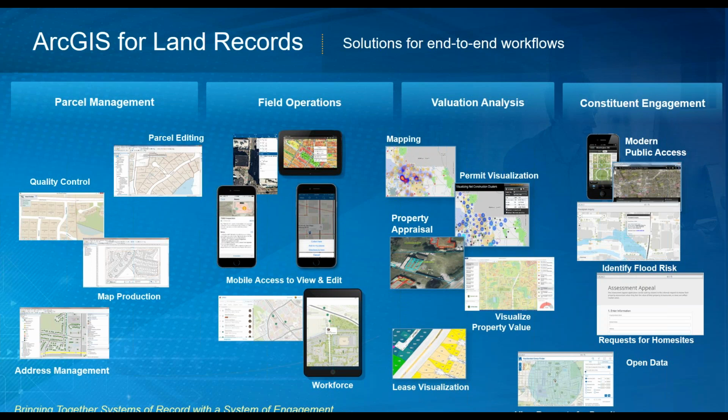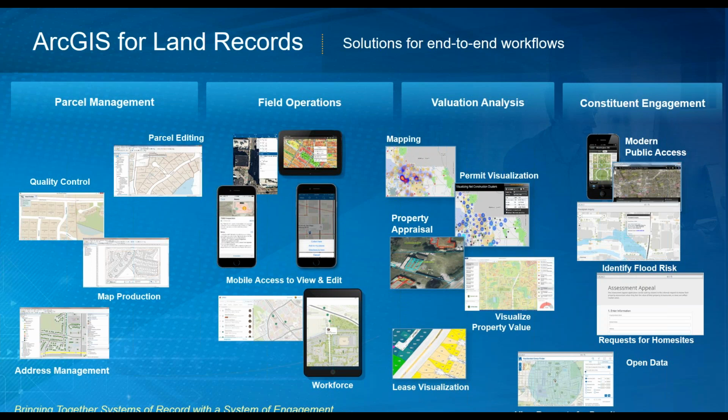Moving into field operations, being able to use some of the field mobility apps to do work outside of the office and support a mobile workforce. Doing analysis, maybe hinged around valuation, being able to see and get valuable information on where you might have permits or leases or what the property value is, being able to visualize that.